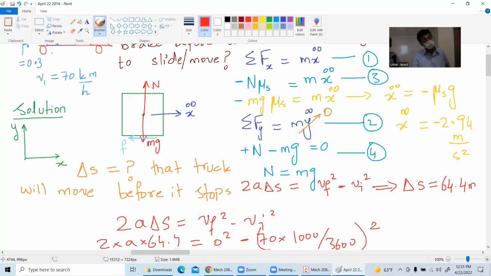Yes, I have a question. The truck will move before it stops. Why do we say that the acceleration of this package equals the acceleration of the truck? Because the package is sitting on the truck.